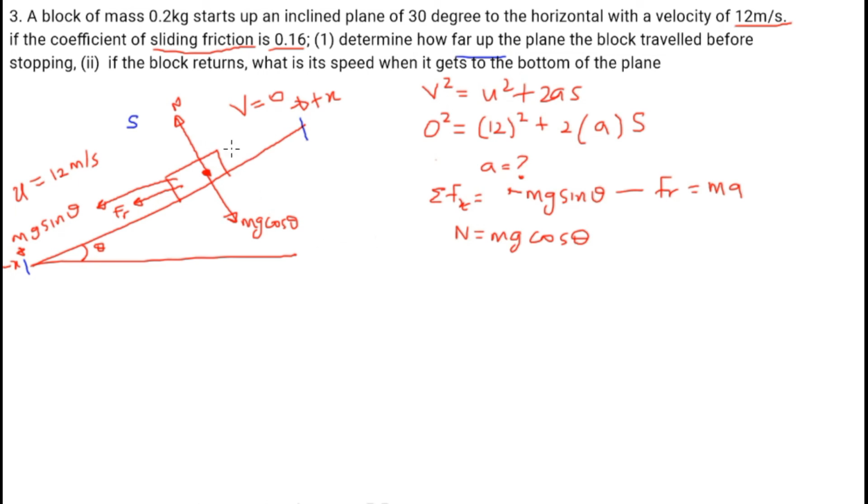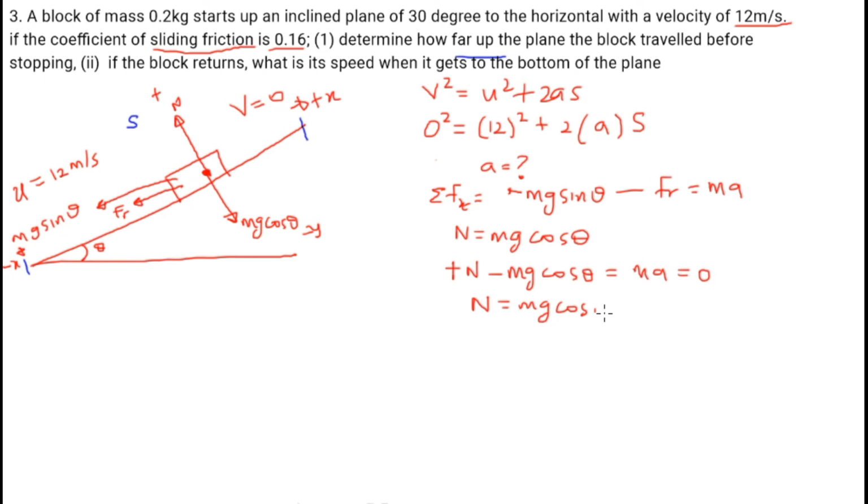Or, you may say that this is the positive y-axis and this is the negative y-axis. So plus n minus mg cos theta is equal to ma, where a is equal to 0, because the object is not accelerating along the y-axis component of the inclined plane, so n will be equal to mg cosine of theta.